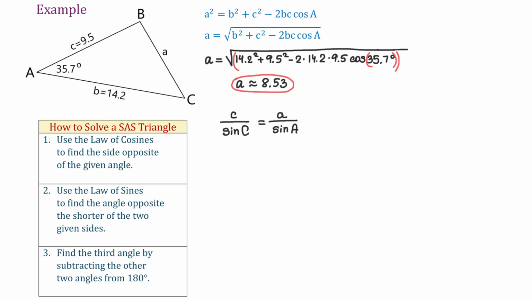And we use this ratio because now we know side A and we know angle A. If we replace, we will have 9.5 over sine of C equals 8.53 over sine of 35.7 degrees. Then if we use cross multiplying, we will have 8.53 times sine of C equals 9.5 times sine of 35.7 degrees.